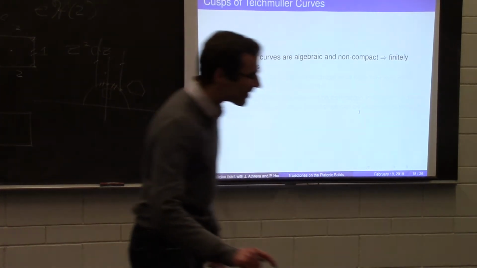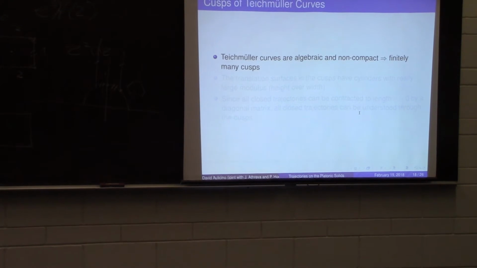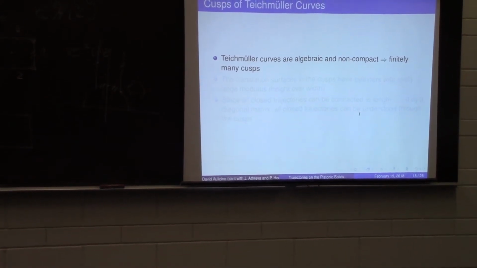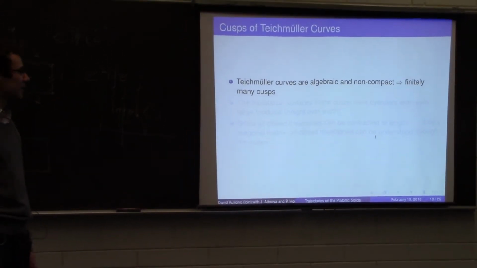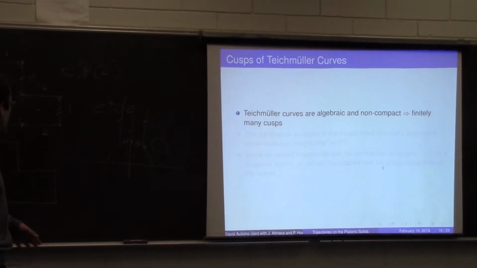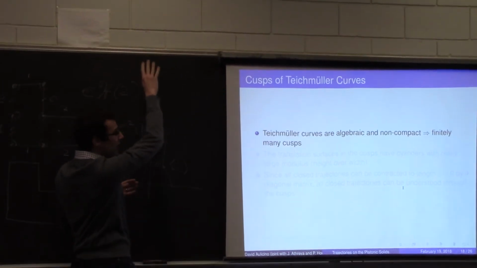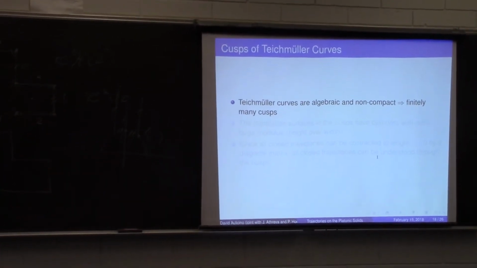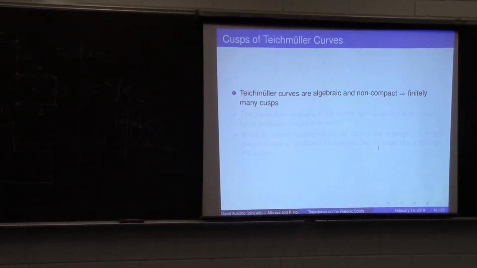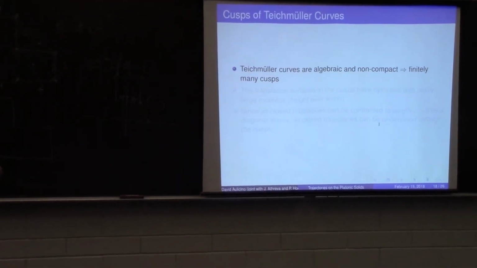I guess, sorry, a little bit more theory before I start drawing all the pictures. So Teichmüller curves also have an additional structure that's extremely nice. They're algebraic and they're non-compact. So just like this modular curve here, which has a cusp going out to infinity, Teichmüller curves always have cusps, but there are always at most finitely many of them.